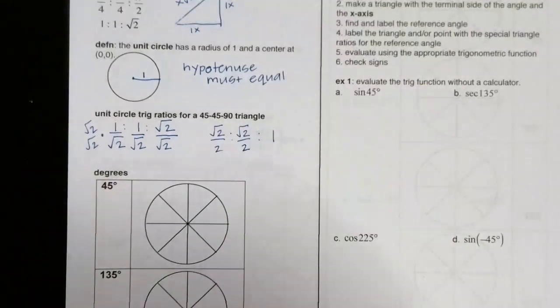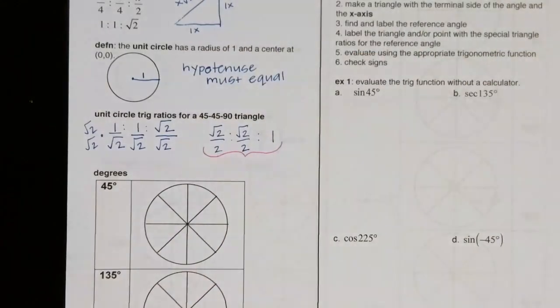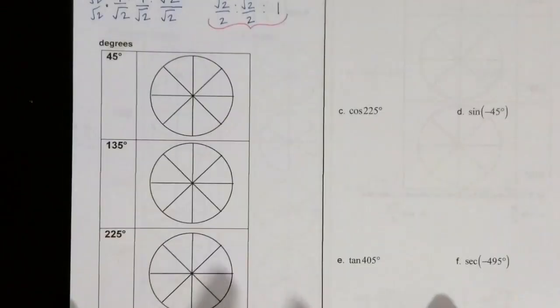So these are some new-ish ratios that you need to memorize. Instead of 1, 1, square root 2, these are the ones you're going to memorize from this point forward. Let's take a look at this.